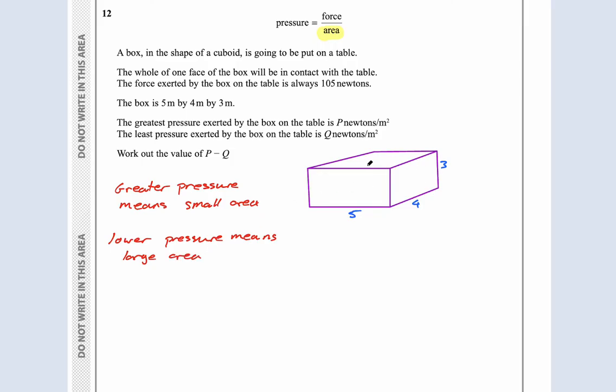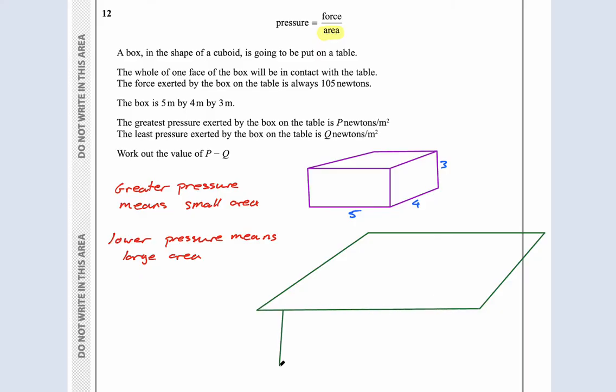So how can I put this box down on a table? So we're going to put it on a table. Let's say my table is here, guys. Let's draw a green table. Okay, hang on, let's draw it here. I'm going to put this box on this table, like this.